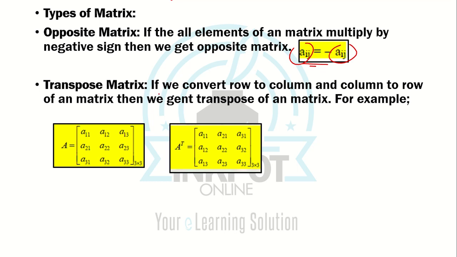Now, for a transpose matrix, if you convert the row to column and column to row, or vice versa, then what you get is the transpose matrix. For a 3x3 matrix, it's probably a little harder to see, but if you have any matrix, let's say A is equal to 1 2 3, the transpose of this is going to be 1, 2 and 3 as a column. So a row matrix becomes a column matrix and vice versa.